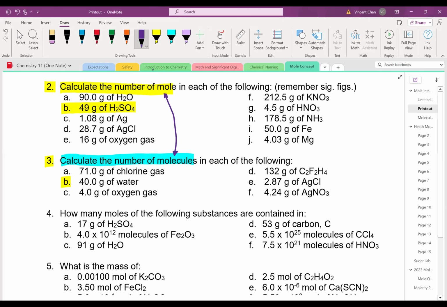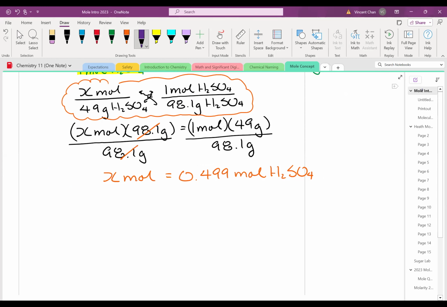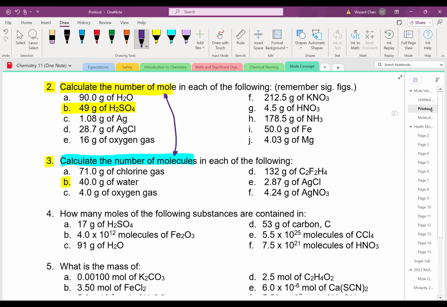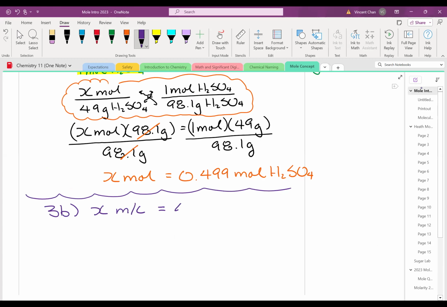So if I were to do question number 3B, I'm just going to do a line here. For question number 3B, I want the X number of molecules. Again, M/C is molecules in, what did I want? I wanted 40.0 grams of H2O.